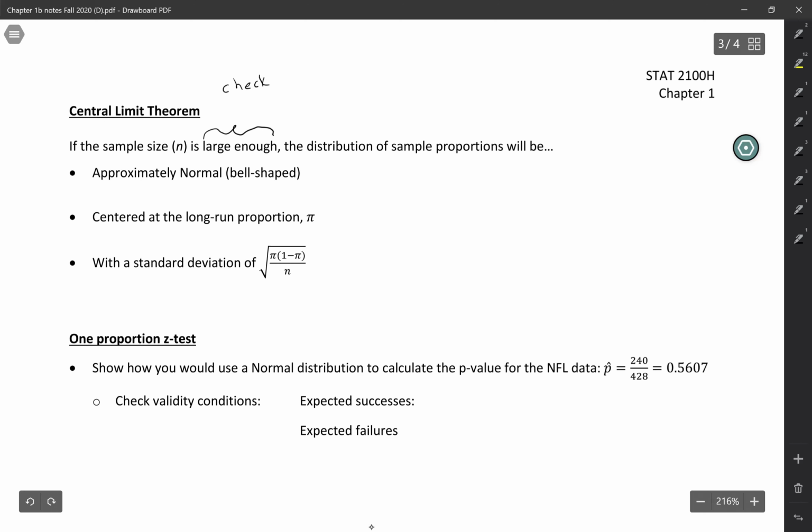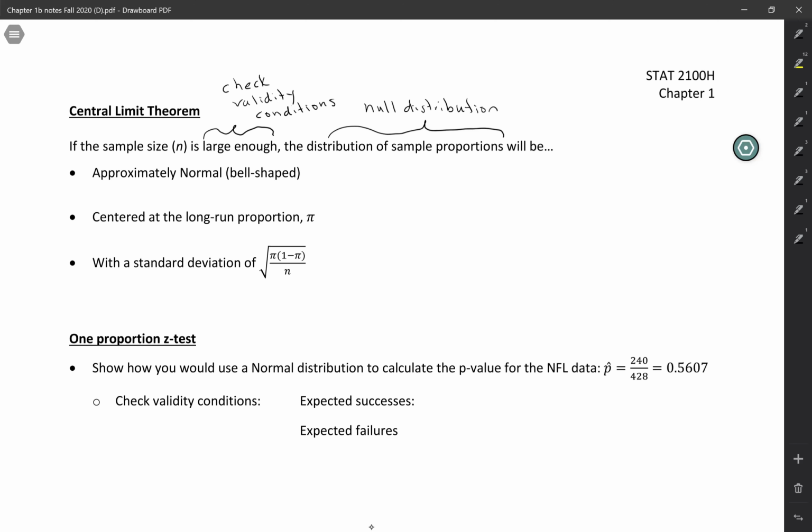The validity conditions are basically letting us know, is the sample size large enough in this case to get away with using the normal approximation? Also, when they talk about the distribution of sample proportions, in practice for us, we're really talking about the null distribution, right? Because we're hoping to use this in hypothesis testing. So what we really want to model is the values that would occur if the null were true.